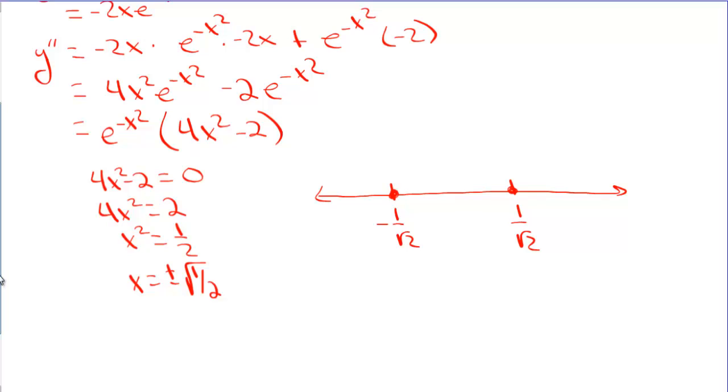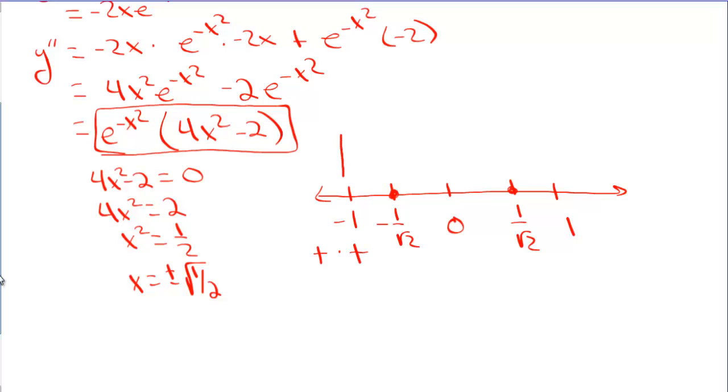1 over the square root of 2 is 1 over something bigger than 1, so it's not even 1. So we're pretty safe to plug in negative 1, 0, and 1. Let's plug negative 1 into the second derivative and decide if the concavity changes. E to anything is positive, so we have a positive times 4 times negative 1 squared, that's 4 minus 2, that's positive.